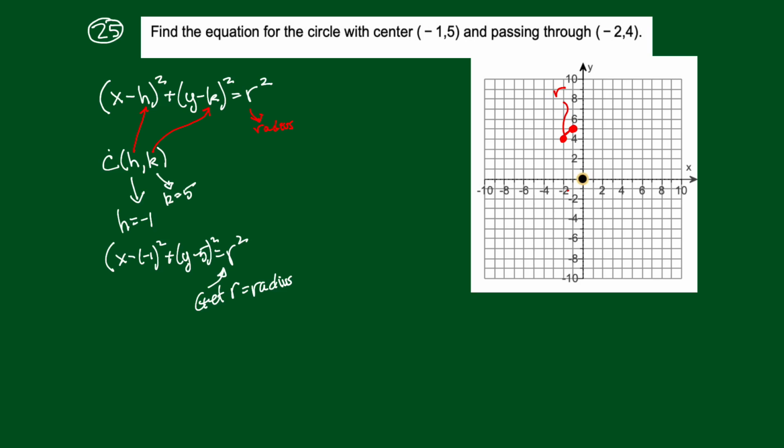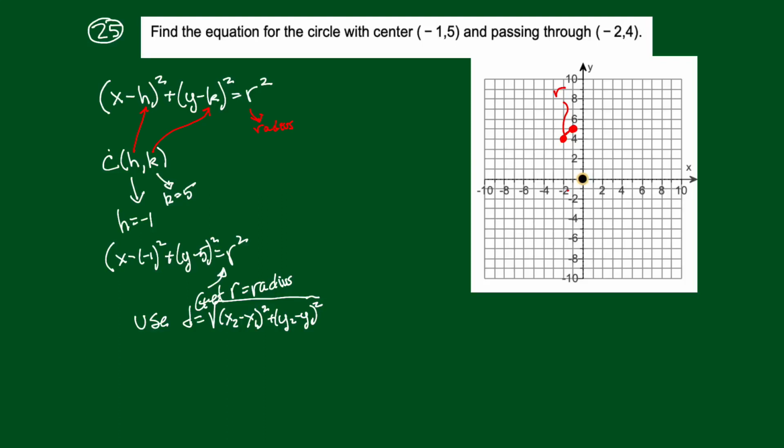So I've got a formula for the distance. The distance between 2 points is the square root of x2 minus x1, the second x value minus the first x value, squared, plus y2 minus y1, the difference of the y values, squared, and then square root all of that. Now, we need x1 and x2, y1 and y2.